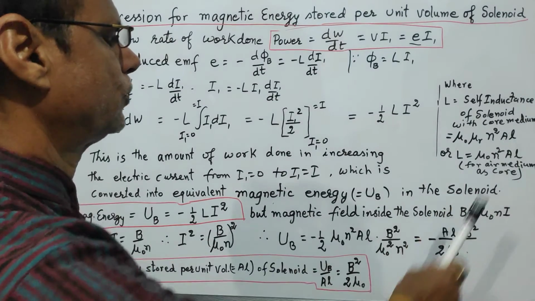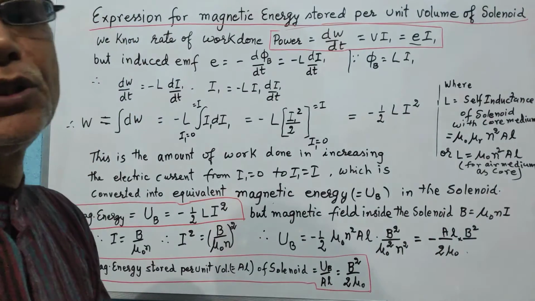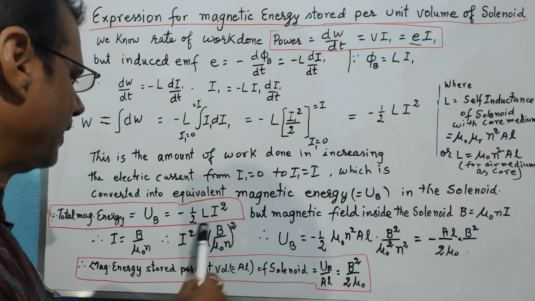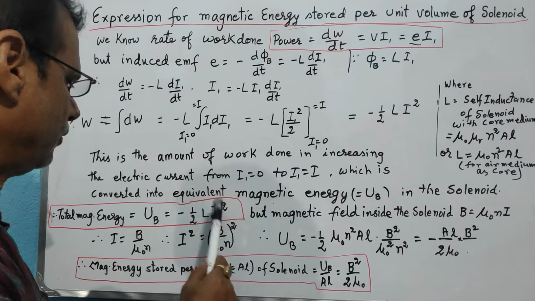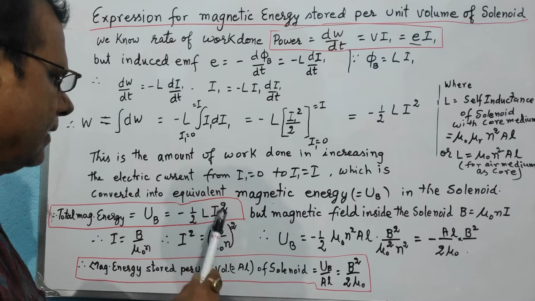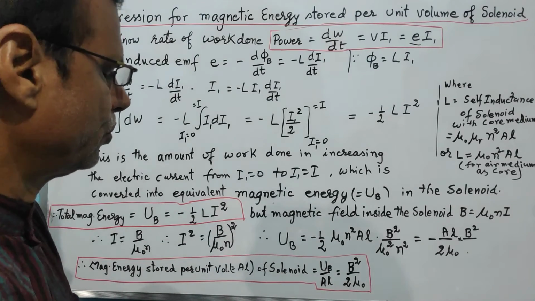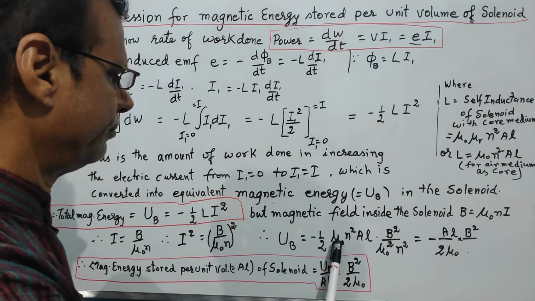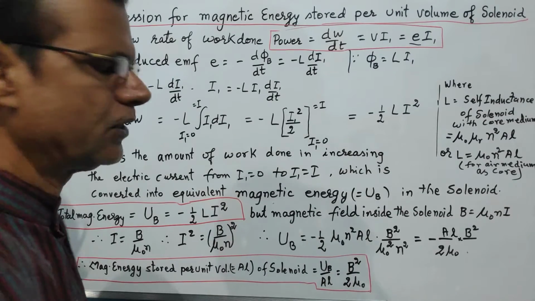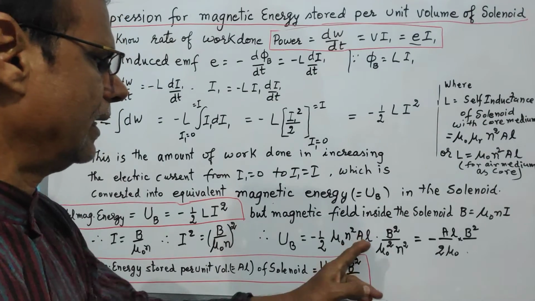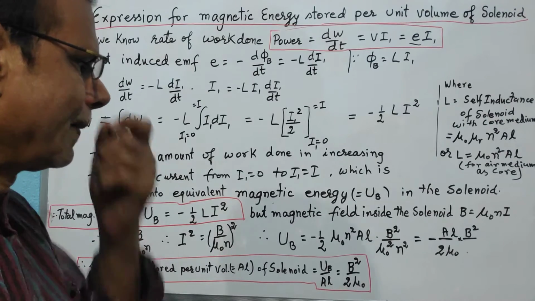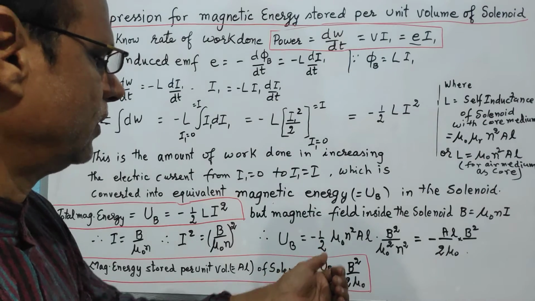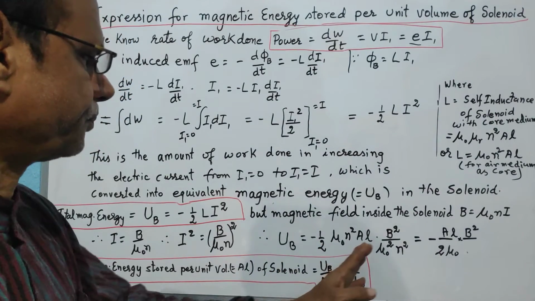If we have air as the core material, we use L equal to mu 0 N square A l. So the magnetic energy stored in the solenoid is half mu 0 N square A l, where A is the cross-sectional area of the solenoid, l is the length of the solenoid, N is the number of turns per unit length, and mu 0 is the permeability of air.